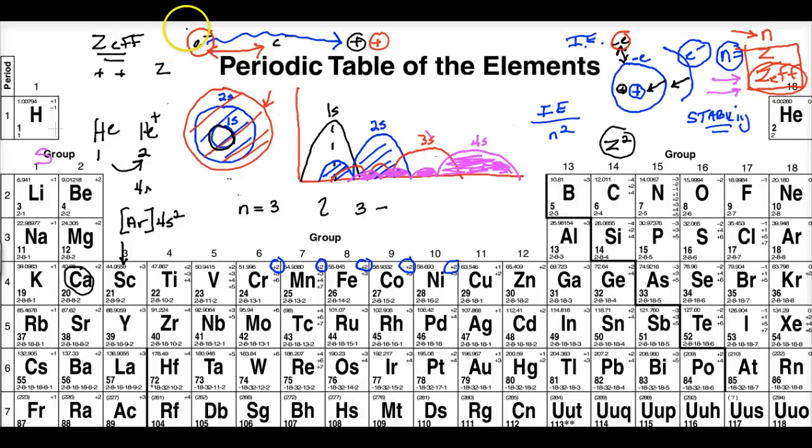So if that's the case, how come we fill the 4s before the 3d? Why shouldn't this 3d be up somewhere? We have 3p6. Shouldn't you have 3d? No, the 4s fills first, and the reason is, let's draw the 3d. The 3d is somewhere right here, and it's pretty high.